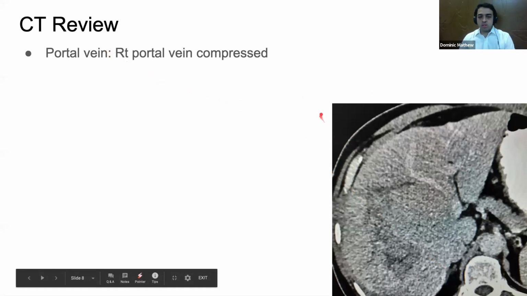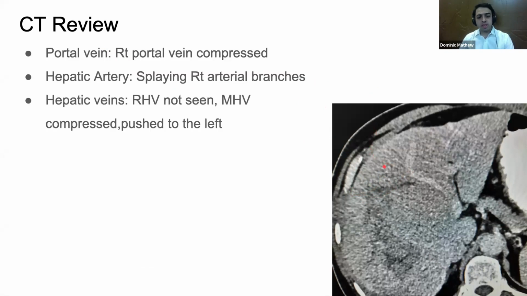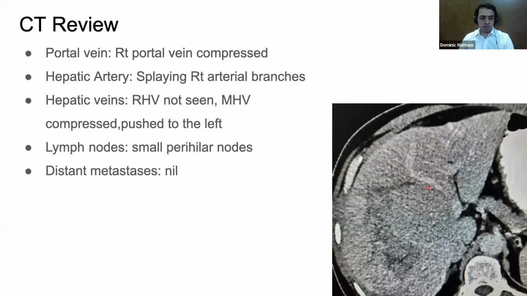So it was noted that the portal vein was splayed and the right portal vein was compressed. The hepatic artery was splayed. The right hepatic vein was not seen. The middle hepatic vein was compressed and pushed to the left. There were small insignificant perihilar lymph nodes. There were no distant metastases.